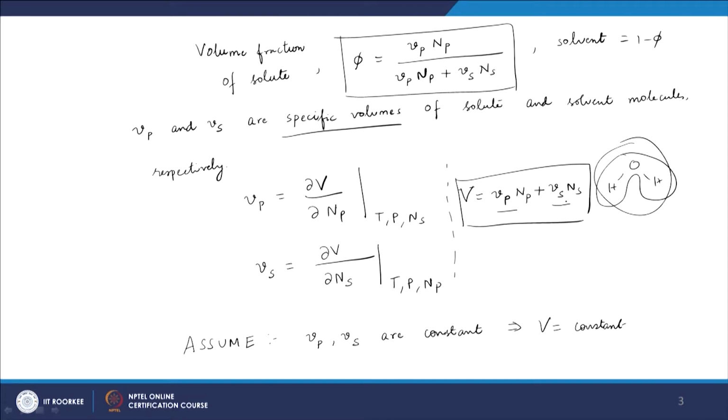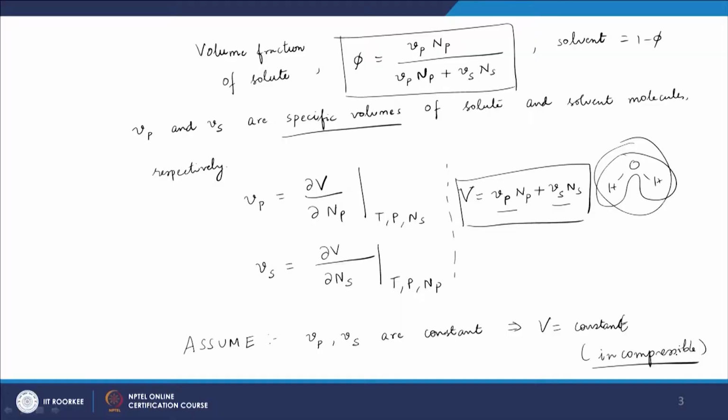What this means is the solution is what is known as an incompressible solution, because there is no pressure in the expression I am writing. Of course, the pressure may appear in the actual definition of specific volumes, but if I ignore that, then what I am assuming is that the specific volumes are constant.